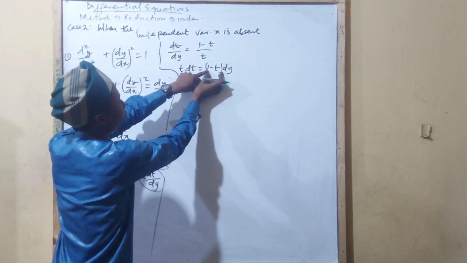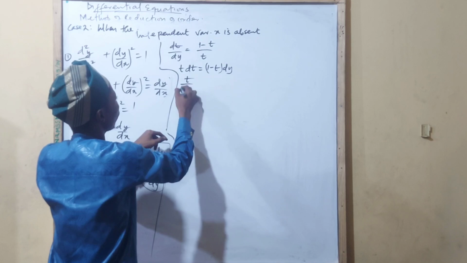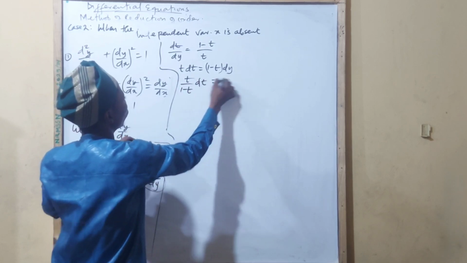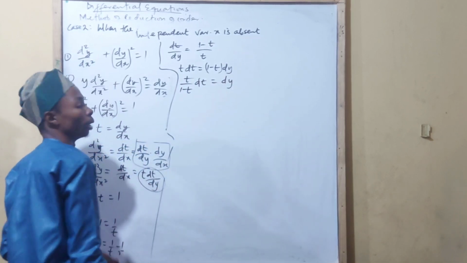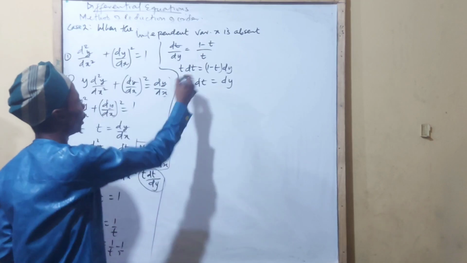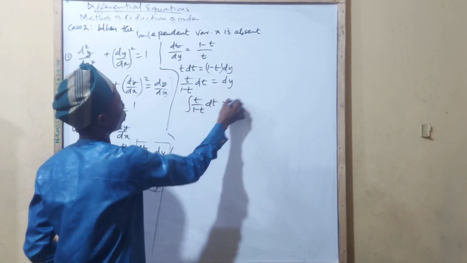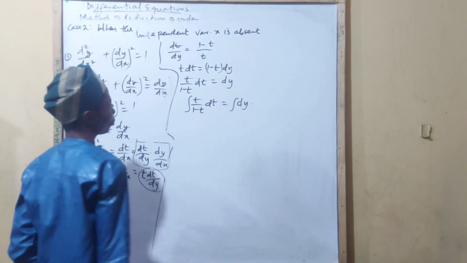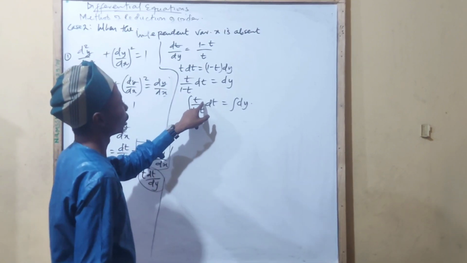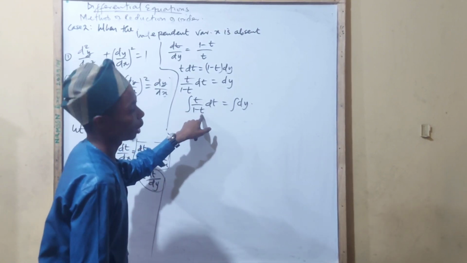If I divide both sides by 1 minus t, we are going to have t over 1 minus t dt equals to dy. Then we integrate both sides, so we have the integral of t over 1 minus t dt equals the integral of dy.